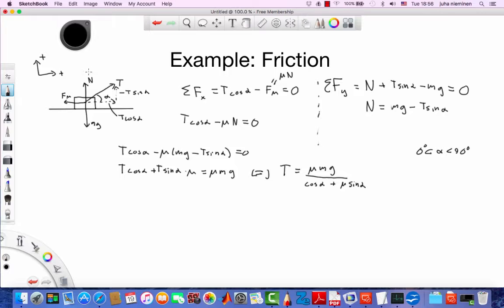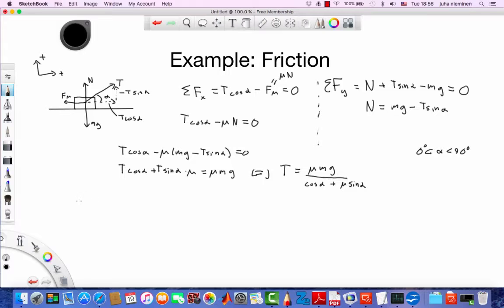Of course, it doesn't make it move horizontally, but it definitely minimizes the friction force. But anyway, those are our limits, and we try to find if there's a minimum somewhere in between. So the function can have its minimum at these endpoints, or somewhere in between where the derivative goes to 0.